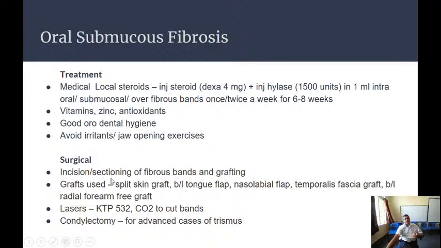And if there is trismus and the patient is not able to open the mouth widely, various surgical procedures are advocated, like sectioning of the fibrous bands, where some of the fibrous tissue is removed and split skin grafts are placed, lasers are used to cut the bands, and ultimately the condylectomy for advanced cases of trismus, wherein one of the chief muscles of mastication, the temporalis muscle, is the one which is involved, and so once you do a condylectomy, the movements become a little more.